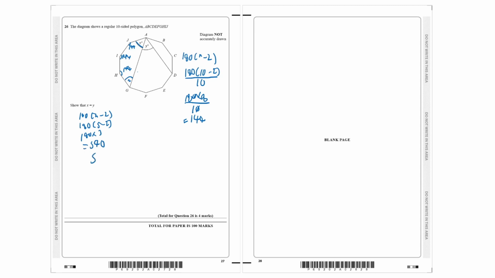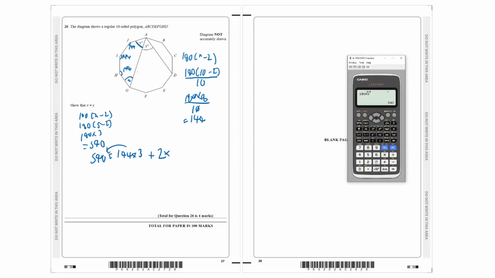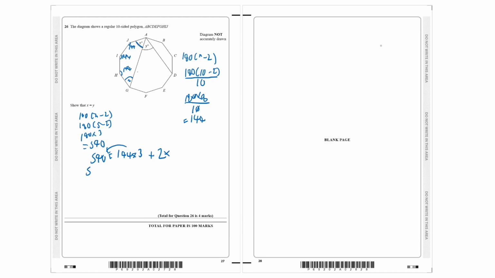So we know that 540 is comprised of 144 times 3, because it happens 3 times, plus 2x. So we can bring this to the other side. We can find out what 144 times 3 is first. 144 times 3 is 432. So we have 540 minus 432 is equal to 2x. We divide both sides by 2 to find out what x is.